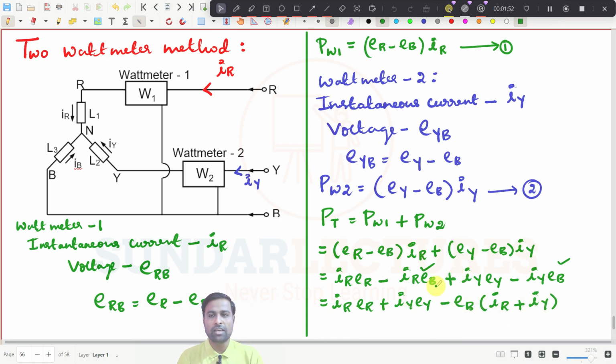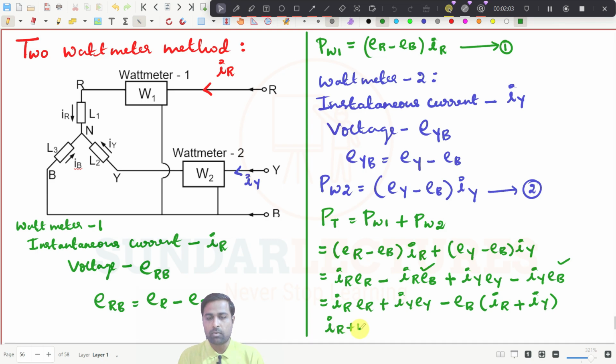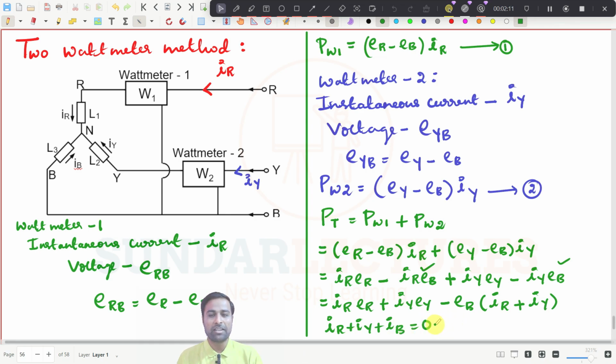Now one thing you know, right? If it is a balanced three-phase network, because all the impedances are same, then IR plus IY plus IB will be equal to 0. The neutral current will be 0 if it is a balanced three-phase circuit, right? So we will take this to the next page.